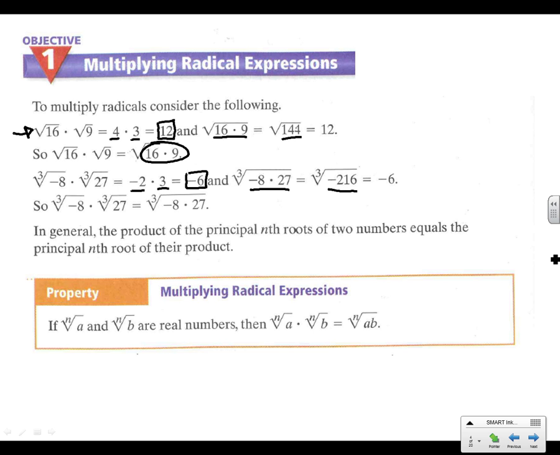Is the cube root of that negative 6? It is. We've got a negative, so it matches up. So we've got ourselves a rule here. If the index is the same, n and n, we can multiply the radicands and then do the square root or cube root or fourth root, whatever the index is telling us to do.